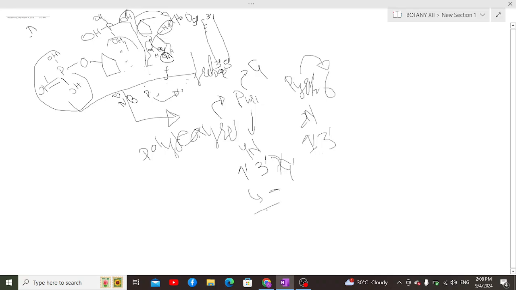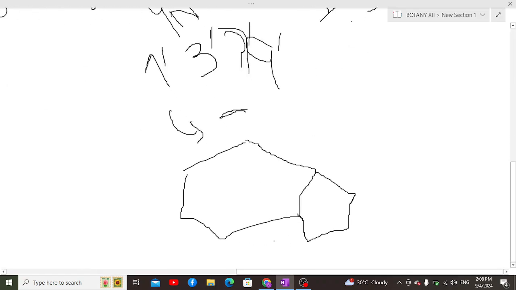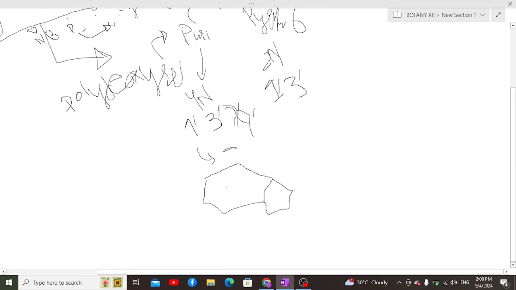Let me just try to draw the structure of this as well. This is a six membered structure. Alright, so over here we've got a 9 membered structure in purine and 6 membered structure in pyrimidine.